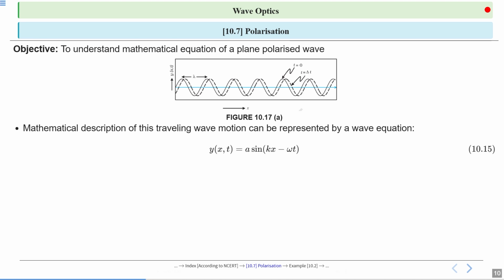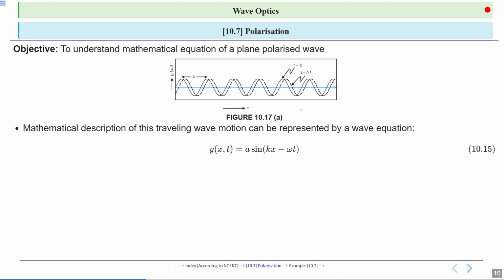If you want to find the displacement of the wave at any point, you have to define the position and the time also. So displacement of the wave is a function of position and time both.